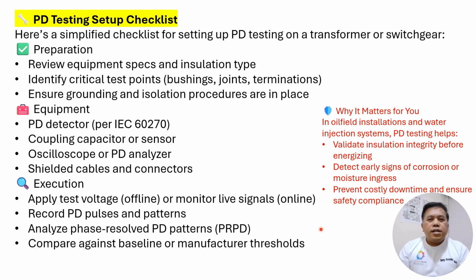In our oil industry installations, water injection, and any other facilities, you need to do this; it is very important. Validate insulation integrity before energizing, detect early signs of corrosion and moisture increase, prevent costly downtime, and ensure safety compliance. That's why it matters.